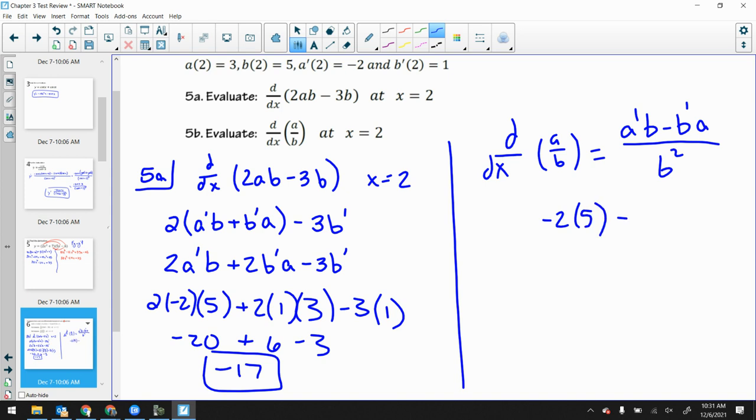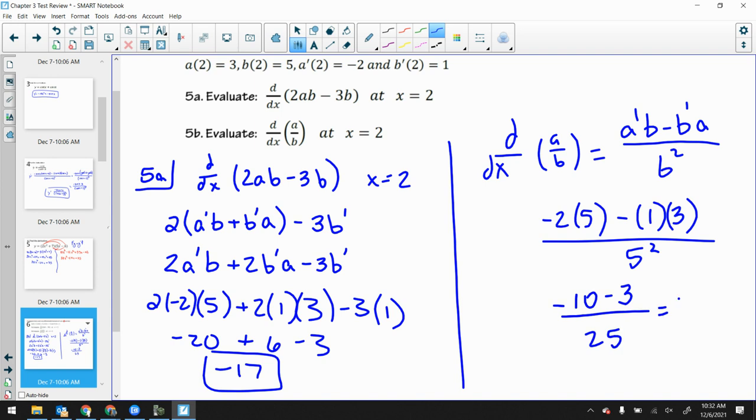B prime is 1. A is 3. And b is 5. That gets us negative 10 minus 3 over 25. Negative 13/25.